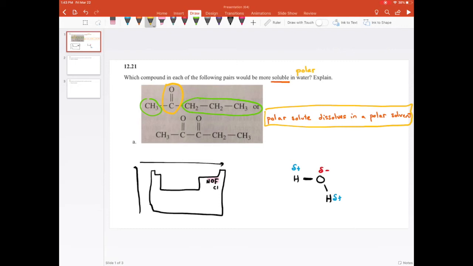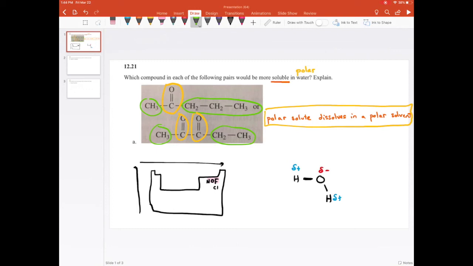Remember, big differences in electronegativity make a bond polar. The most electronegative elements are nitrogen, oxygen, and fluorine. They are in a different league than other elements. They attract electrons to themselves, sort of steal the electrons from other elements, and create polar bonds. In the second molecule, this bond is polar and this bond is polar, whereas a smaller portion of the molecule is nonpolar.